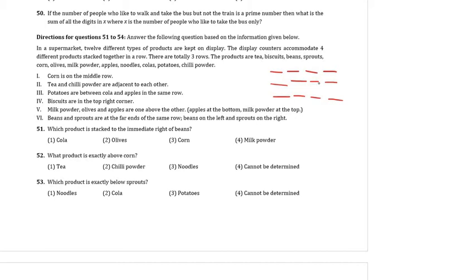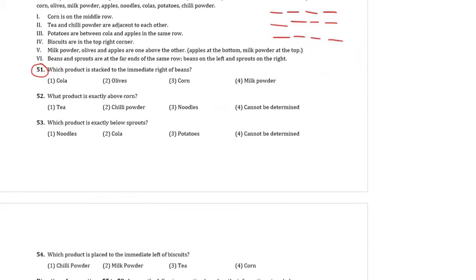The other thing that I would do in this question is I would look at question 51 as well as question 54 first. Now why do I say that? I say that because here when we say which product is stacked to the immediate right of beans, I do not have a cannot be determined. There are 4 very, very discrete answers. Similarly, which is to the left of biscuits, again 4 discrete answers.